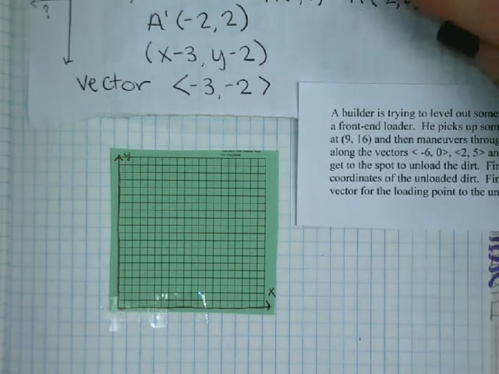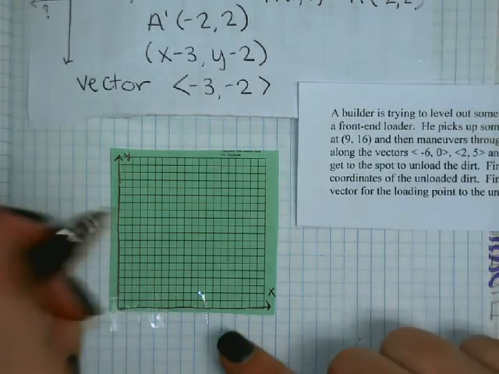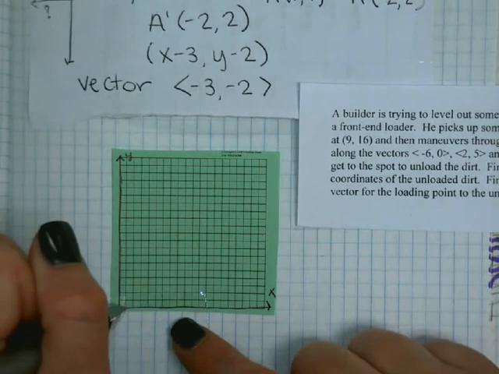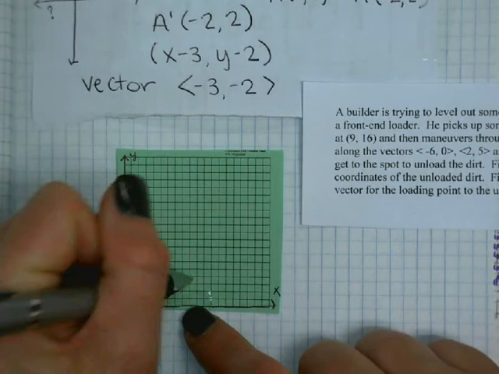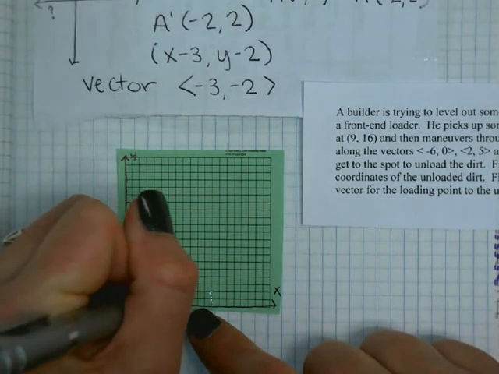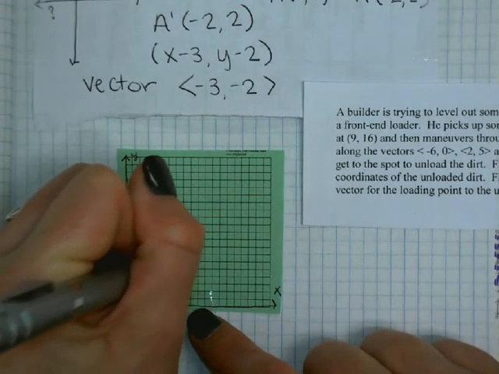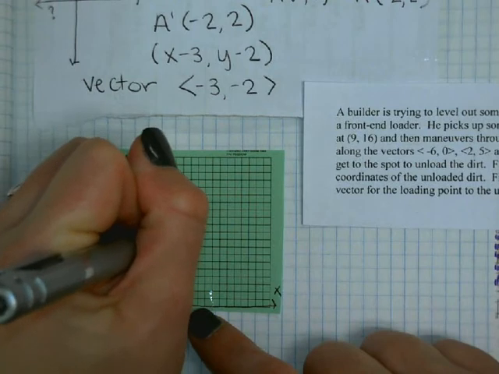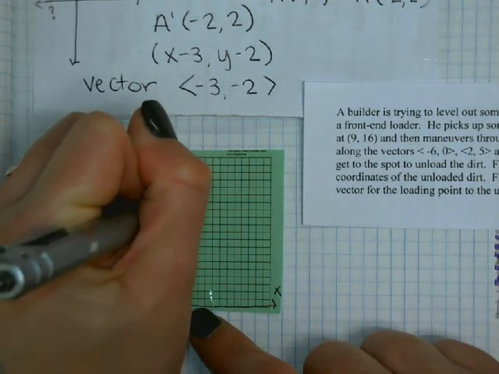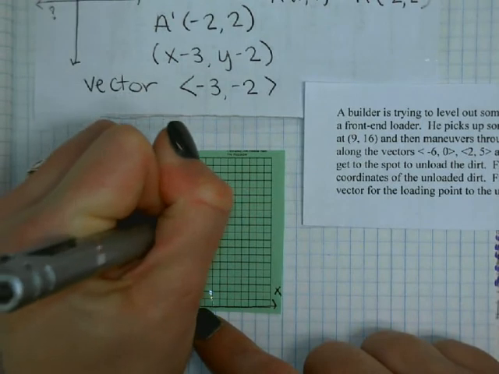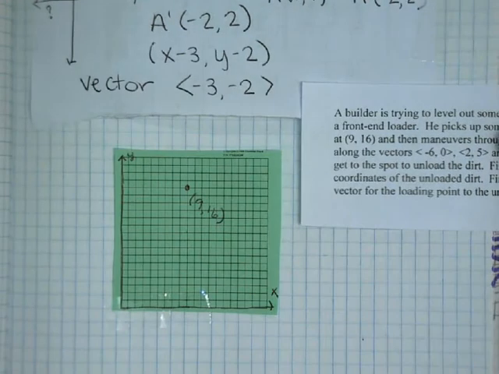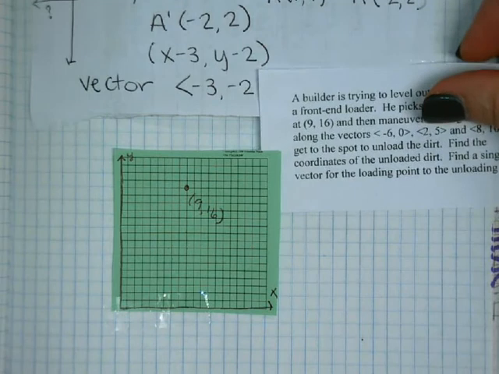So anytime you need to pause, go ahead and pause, and you can draw, and then you can restart it again. All right, so (9, 16) is at 1, 2, 3, 4, 5, 6, 7, 8, 9, all the way up to 16. So here's where our dirt originally begins.